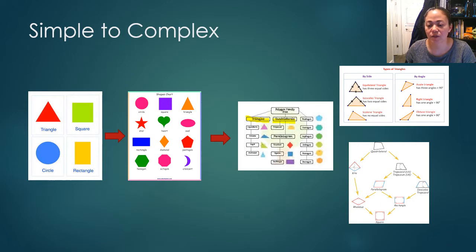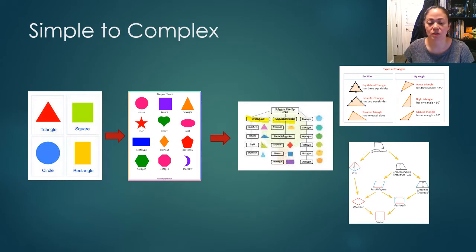And then we can see a couple other examples of categorizing shapes, like the different types of triangles, some more detail about classifying the different types of triangles. And then we have here the different types of quadrilaterals or four-sided shapes. And something to notice about these three diagrams is that they not only break out the different individual elements, for instance different types of triangles, different types of four-sided shapes, but they also show relationships between the different shapes, right?